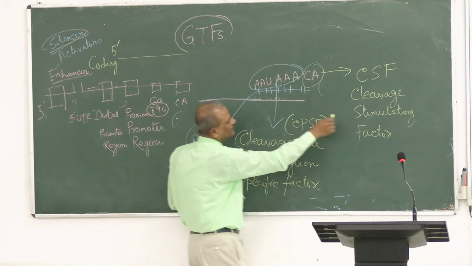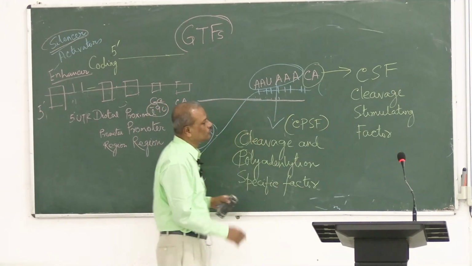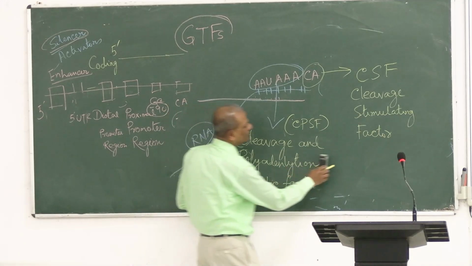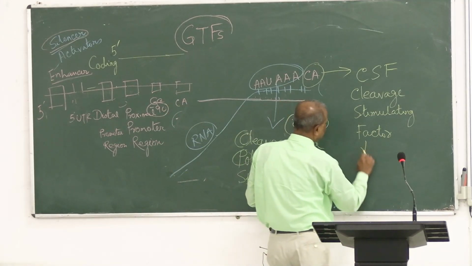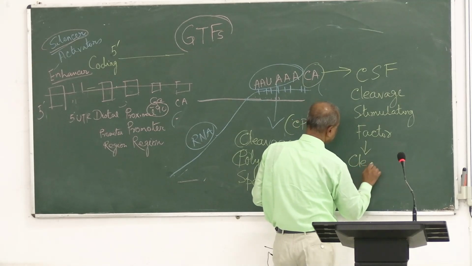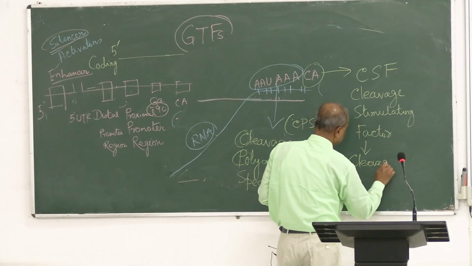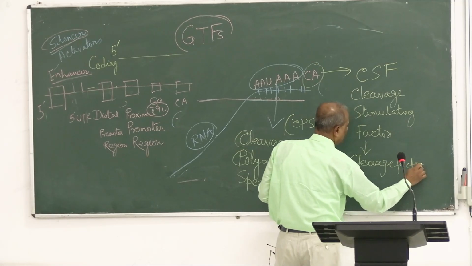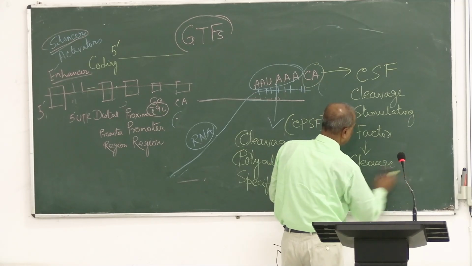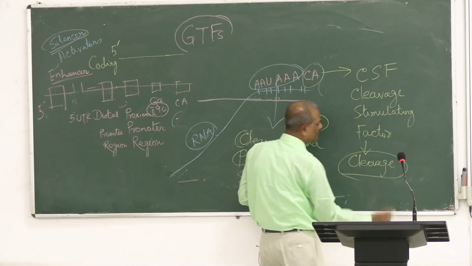And CA is cleavage stimulating factor. So, they both will recruit the cleavage factor. They both will basically make cleavage.